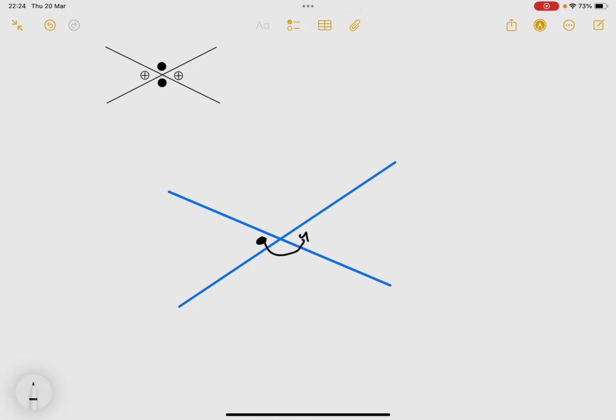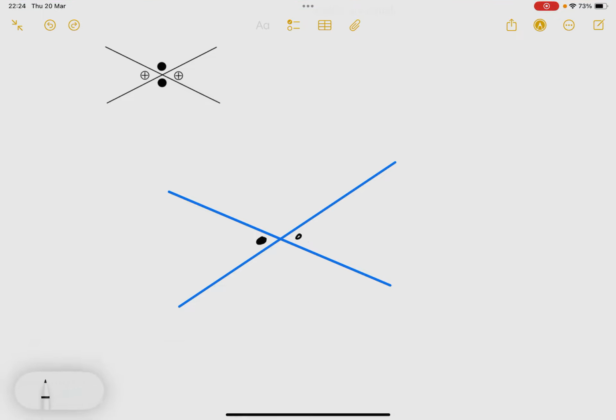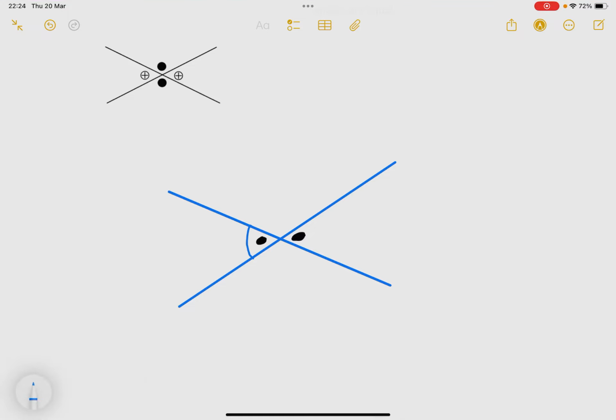I'm just going to put this dot. What this law is saying is that all the angles that are opposite to one another within the crossing lines are equal. So in other words, this angle is going to equal this angle.